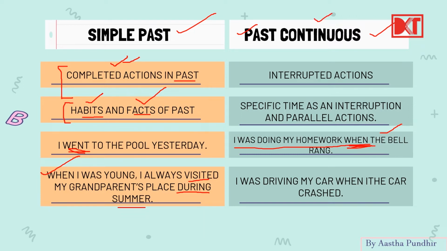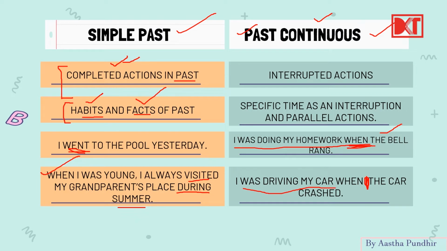कोई past का, right? Then the other one, I was driving my car when the car crashed. I was driving my car when the car crashed. तो मैं अपनी कार ड्राइव कर रही थी.